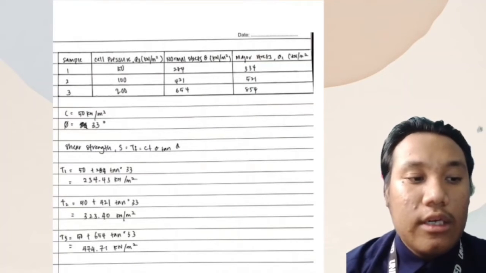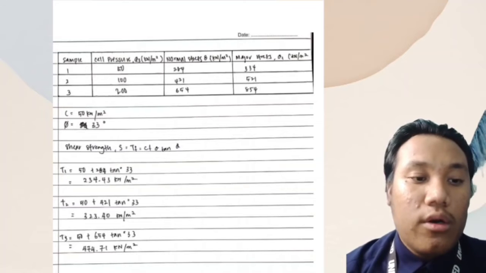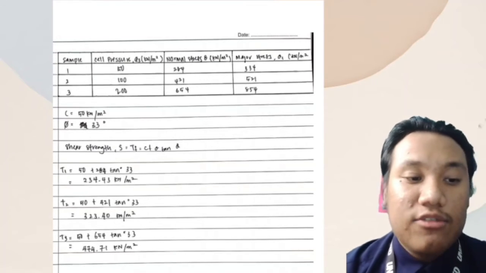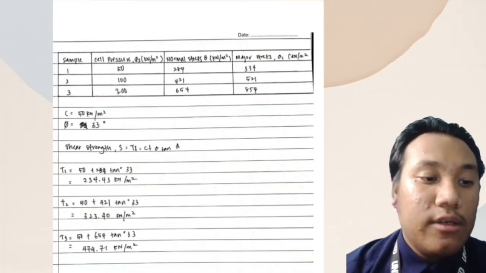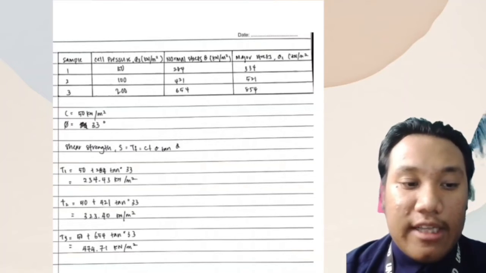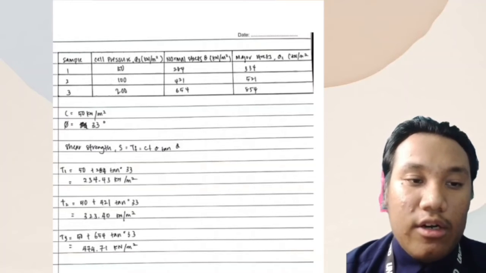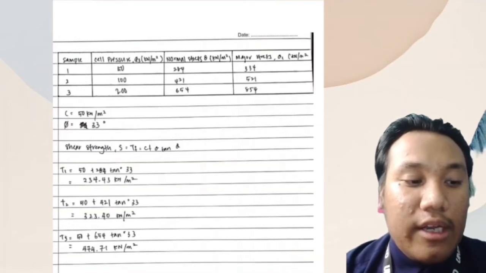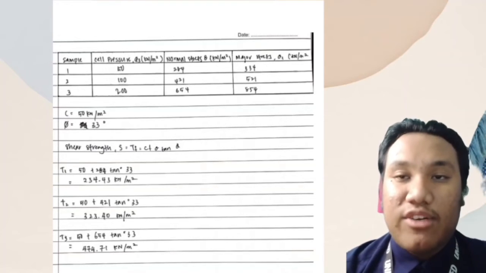Then the next question is to plot the Mohr circle and find the shear strength of soil. First, take the highest point on the three data that we get on the stress versus strain graph, then add the cell pressure, and you will get the major stress.